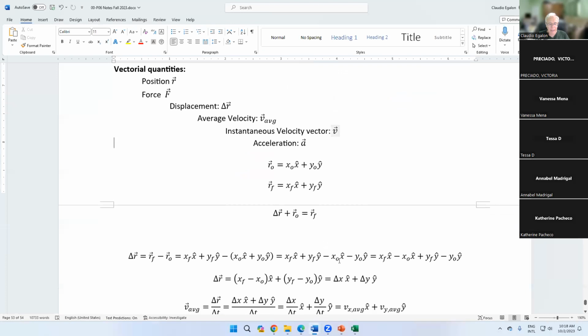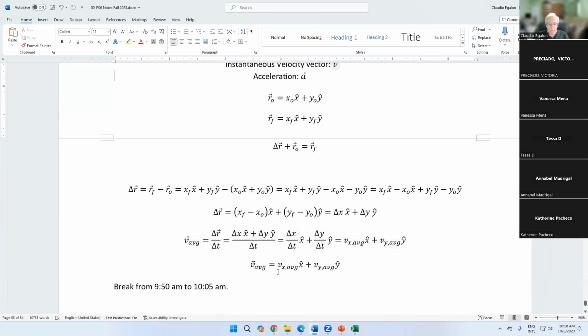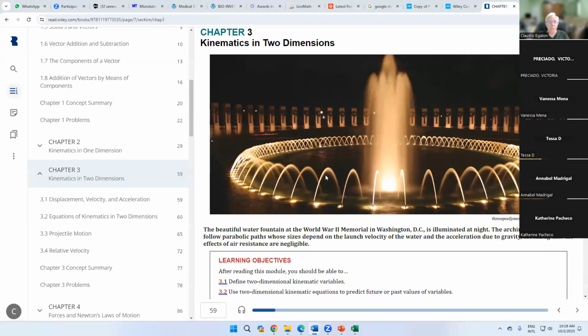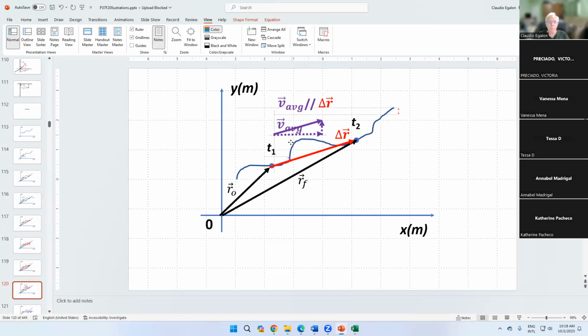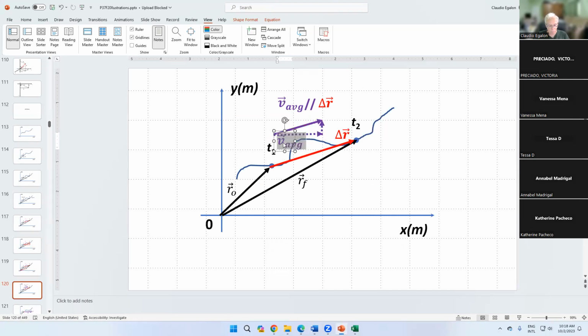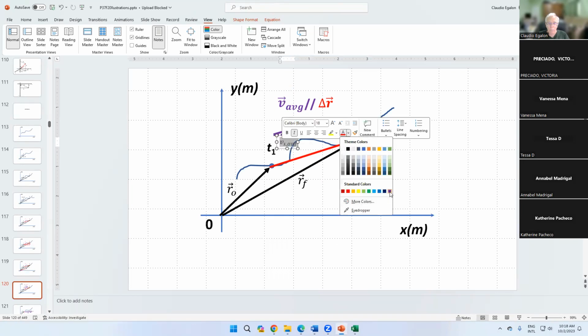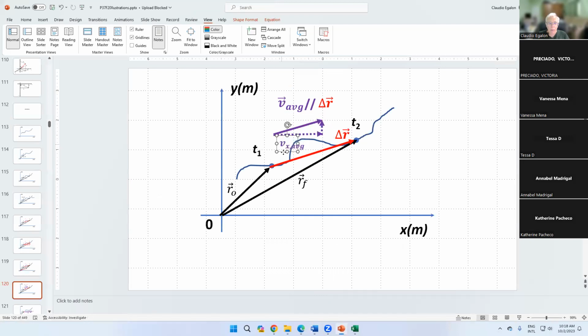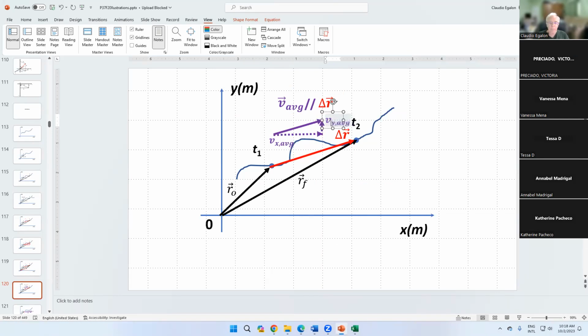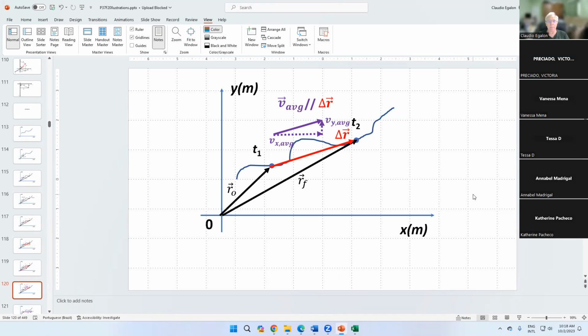First the x, and then the average. I'm going to copy that and paste it in there. T2 is going to go here.